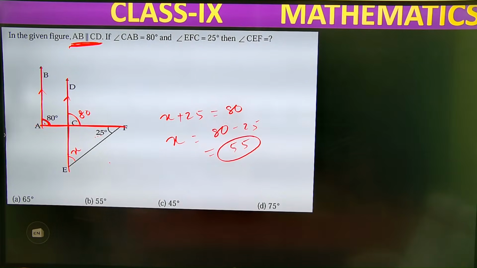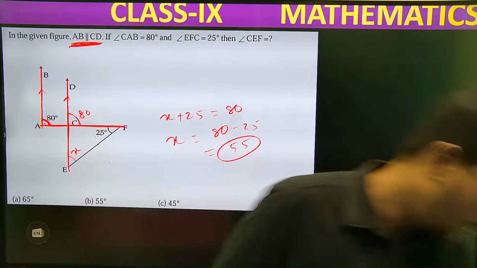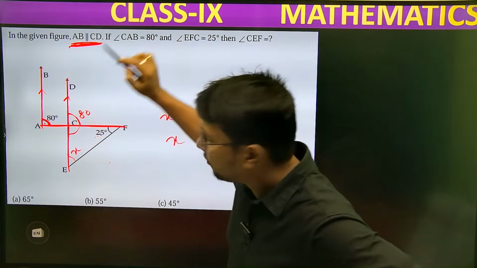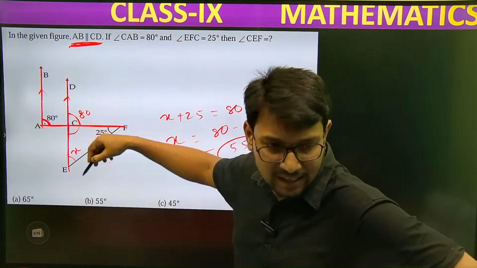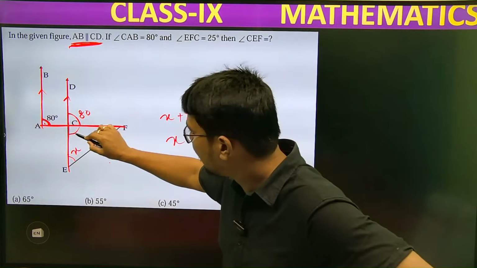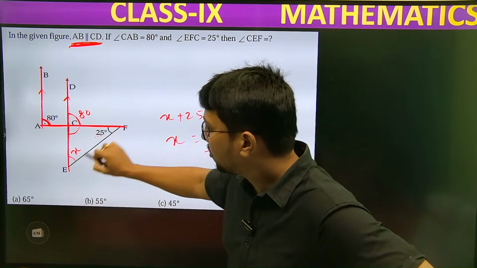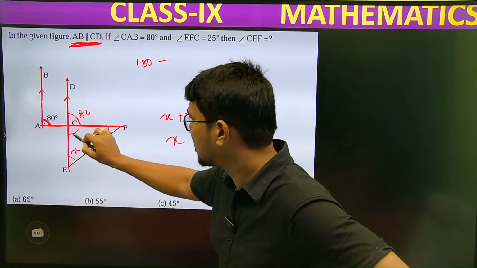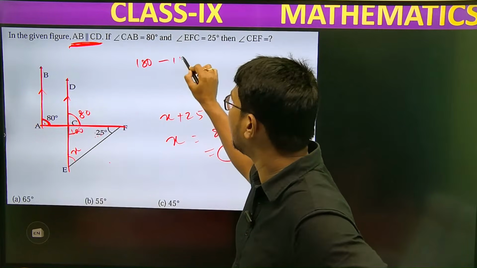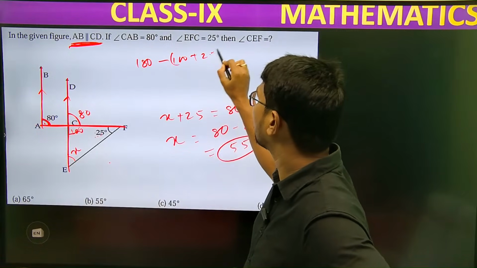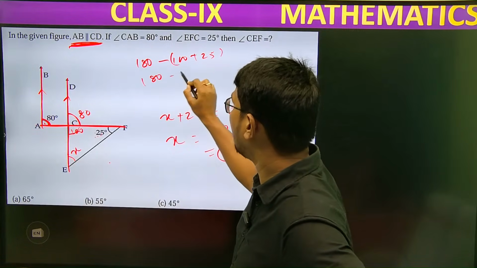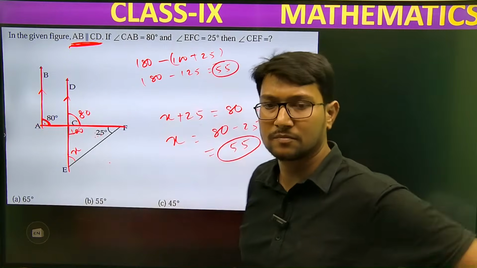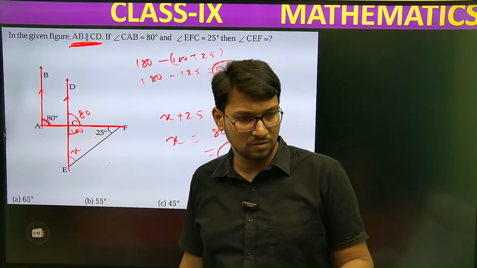Now the angle sum property of a triangle. How? If this is 80, this one you could find by linear pair. This is a linear pair, so this should be 100. Here is 25. The total is 180. 180 minus the sum of these two, 100 plus 25, so 180 minus 125 equals how much, children? 55. That's it. Understood?